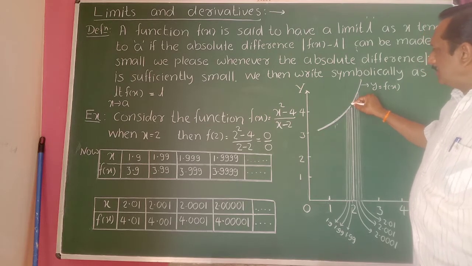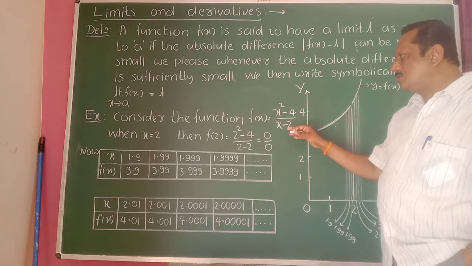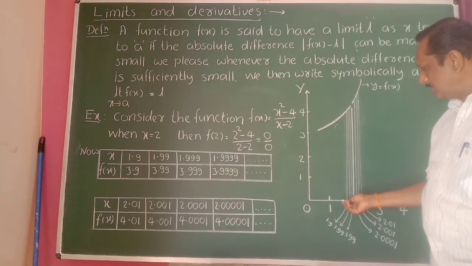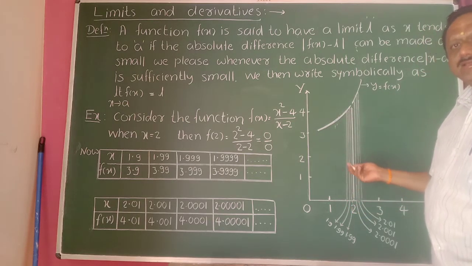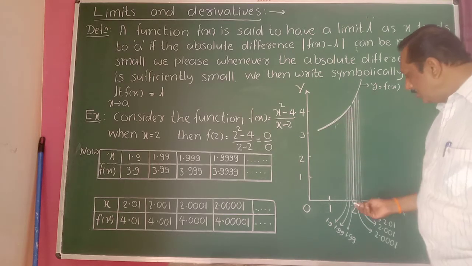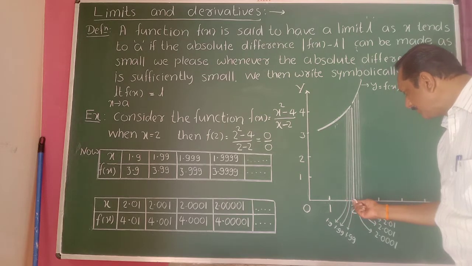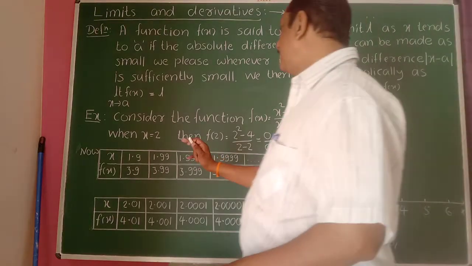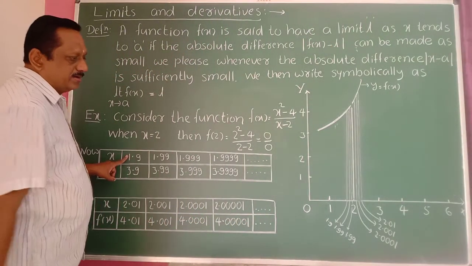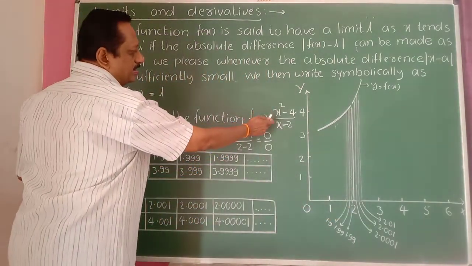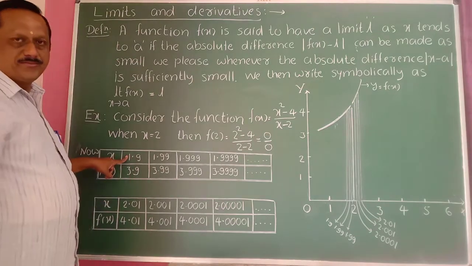At x equal to 2 it has no value, but for other values it has a value. So we take values from the left side. Take the values from the left hand side of 2. Take 1.9, substitute and simplify, we get 3.9.